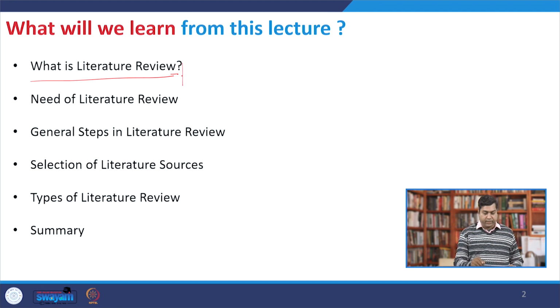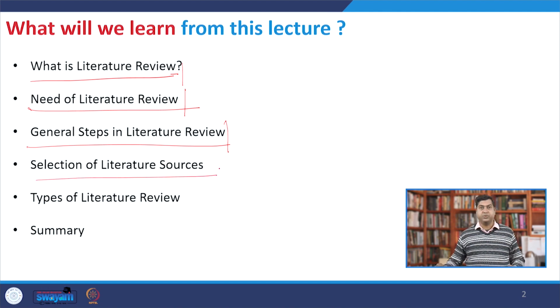So we will try to understand the meaning of literature review, then why it is required for a researcher to conduct it very sincerely and effectively. Then we will discuss the general steps in literature review that you follow, and there are many ways that you can do the review. Then selection of literature sources, that is, what are the possible sources from where we can do this review.